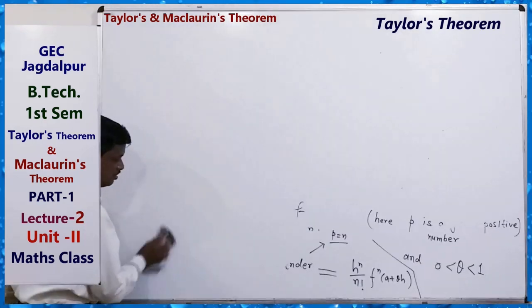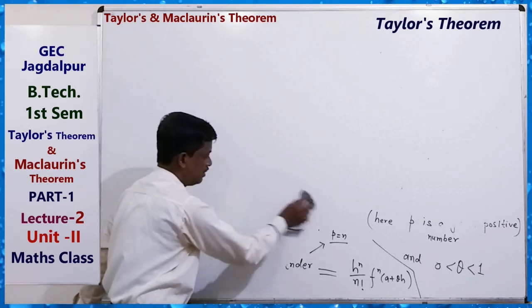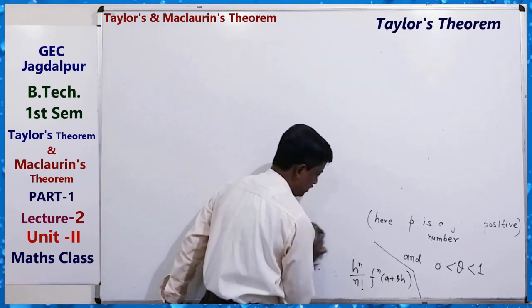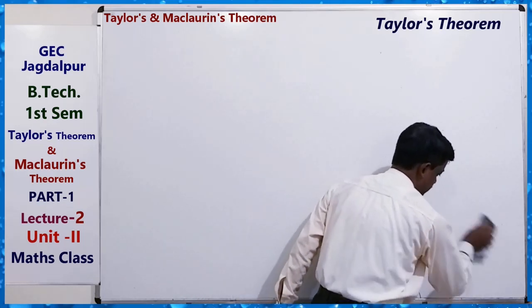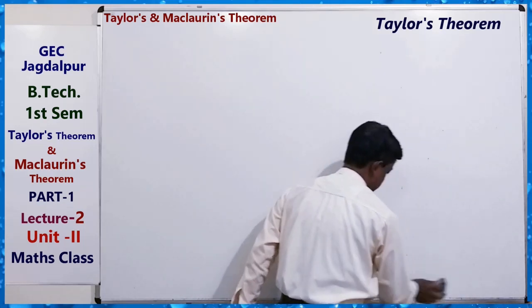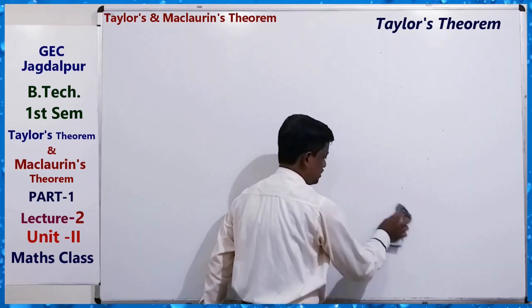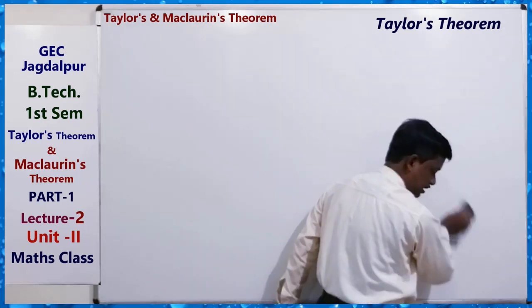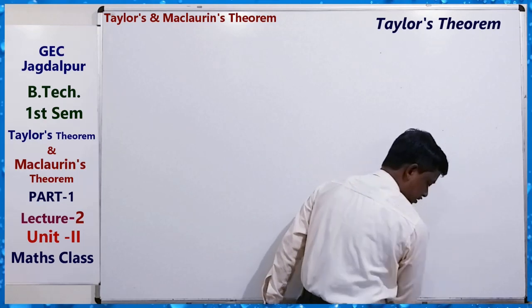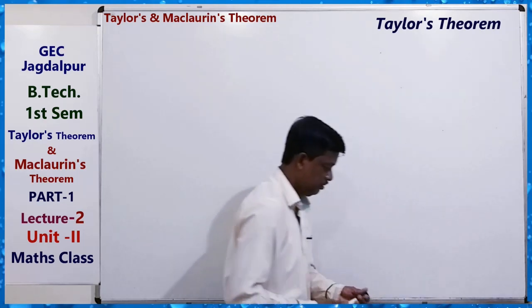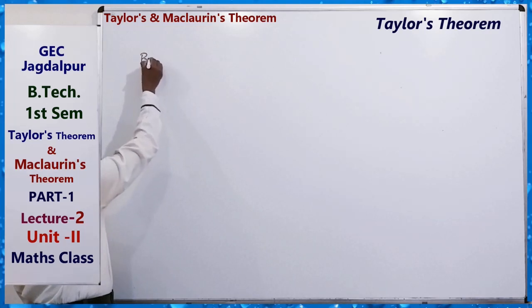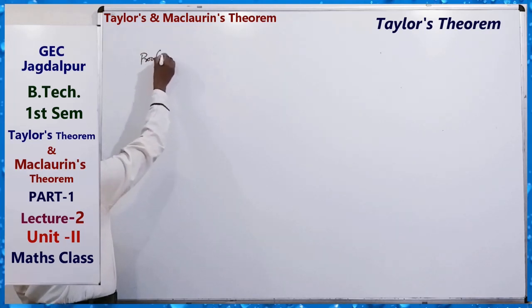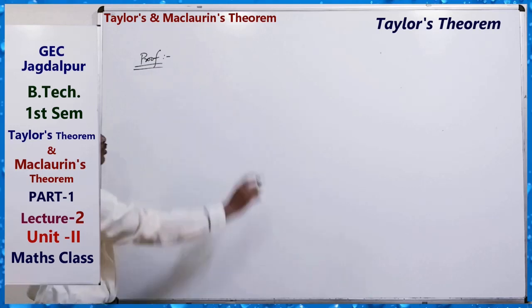So we can write, consider a function. For continuity of that function, we can combine it. Okay, so the proof of Taylor's theorem.